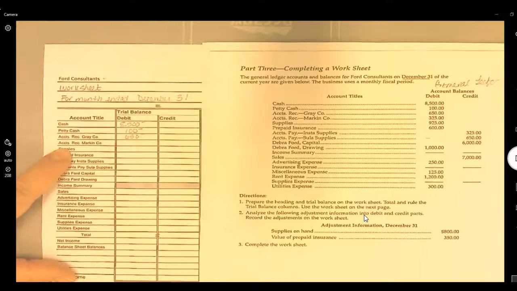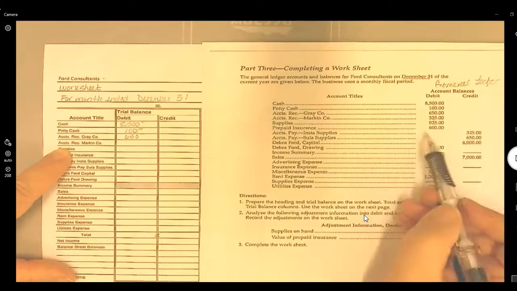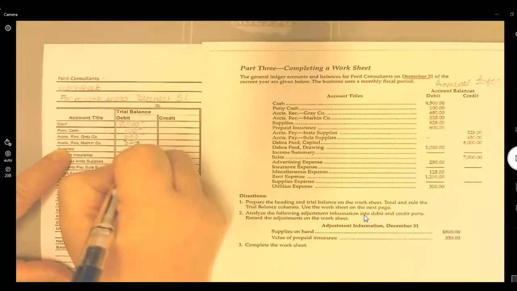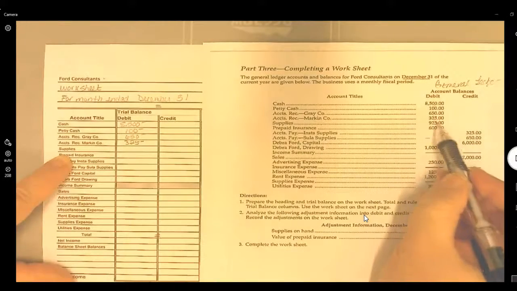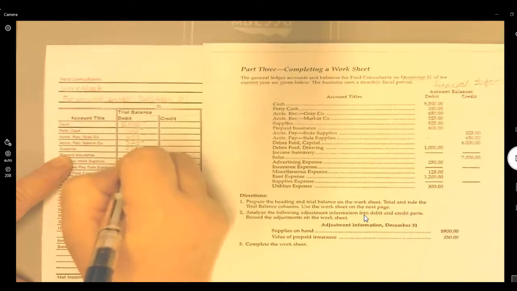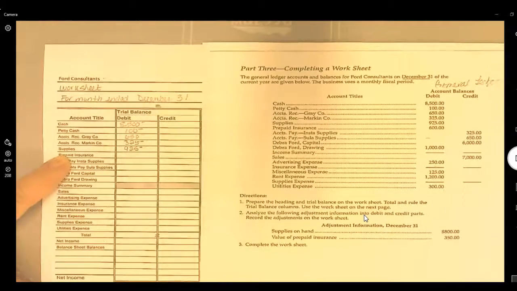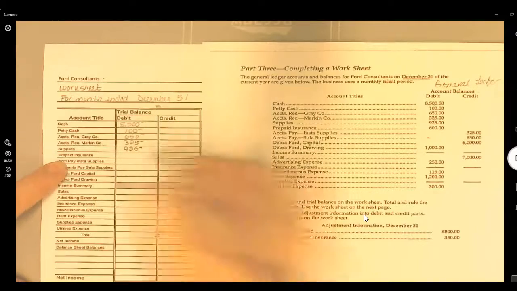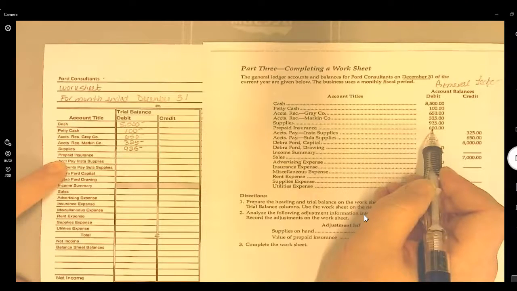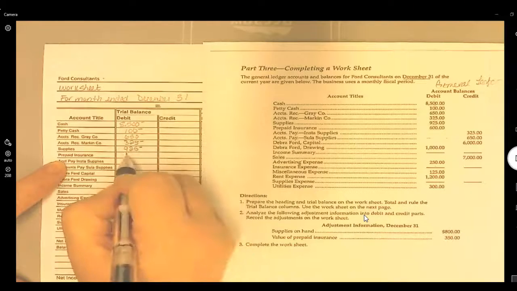So far so good? All right, accounts receivable Markin, $325. Our supplies, we had $925. Make sure you write everything neatly because you're going to have to add this up later. Prepaid insurance, $600. Again, as you can see, we're still in the debit.